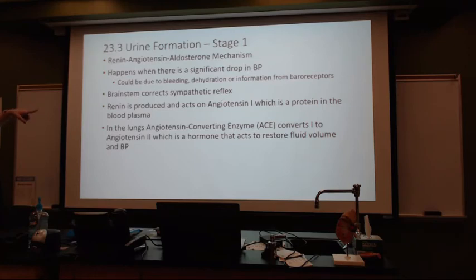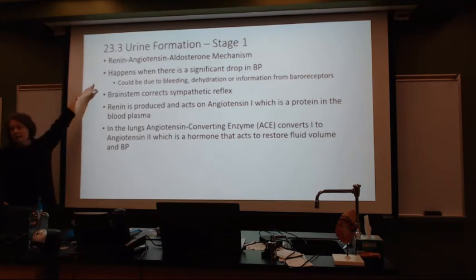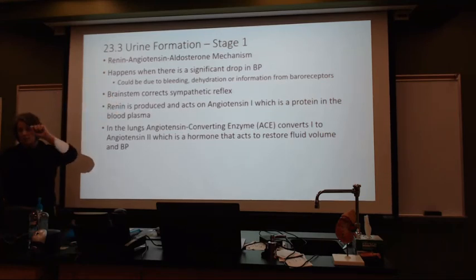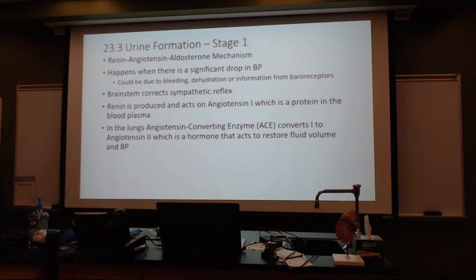Information that we can get from the baroreceptors can also affect it. What could be the clinical problem if something such as these issues are occurring? What is happening with the blood movement?